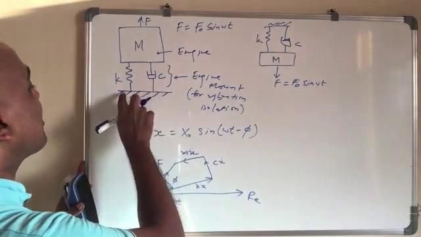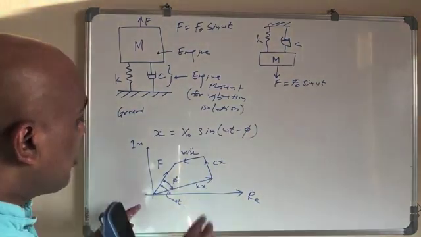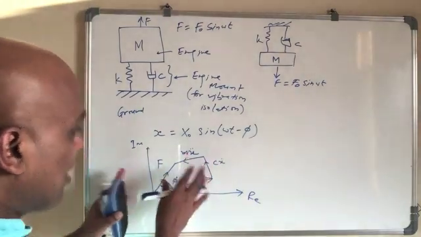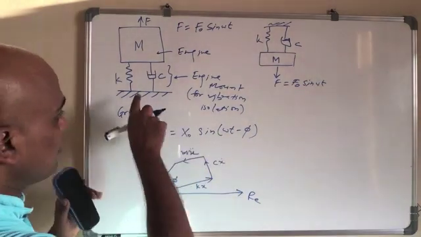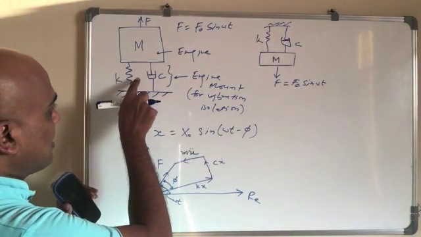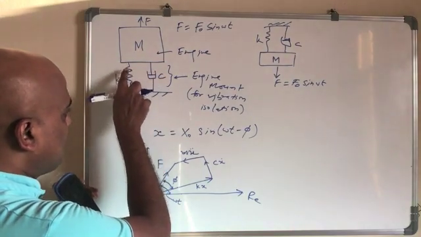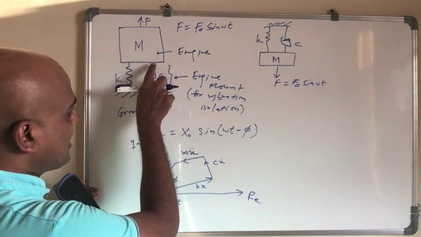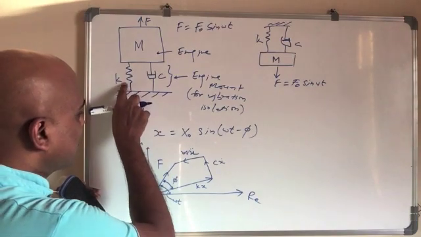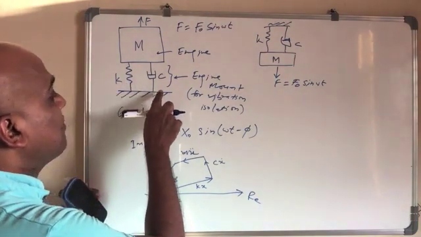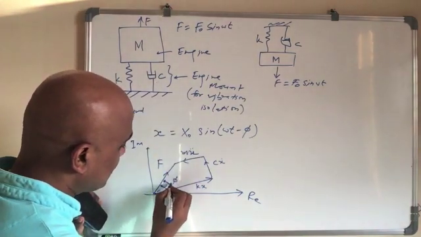If I ask you what is the force transmitted to the ground, what will your answer be? Just look at this figure and tell. Whatever force the mass feels, where the spring and damper are attached, the same force the ground will also feel. What it feels is the force because of the spring and the force because of the damper.